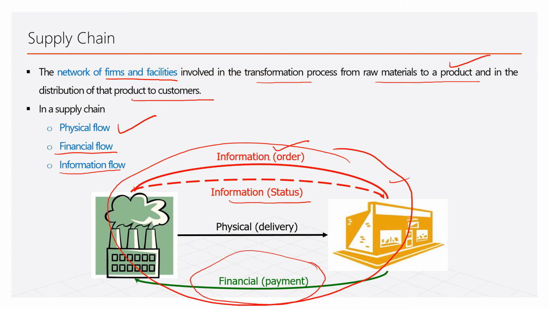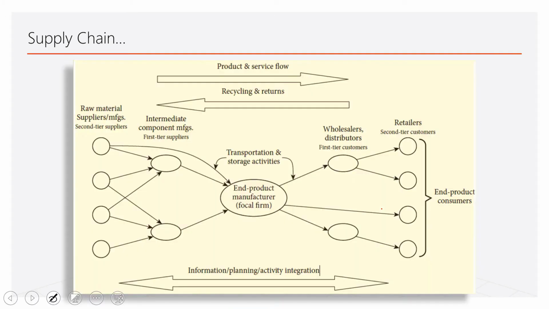Now the question is, is this supply chain structure simple enough? Do we just have a manufacturer and a customer, or a supplier and a customer? No. In a supply chain, as you can see, this is the manufacturing firm. The firms supplying the product to it would normally be called first tier suppliers, and then we have second tier suppliers.